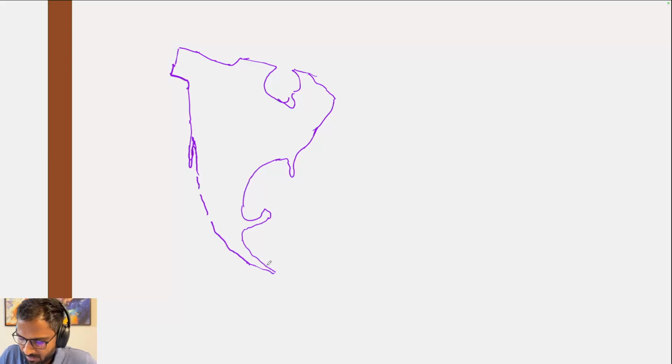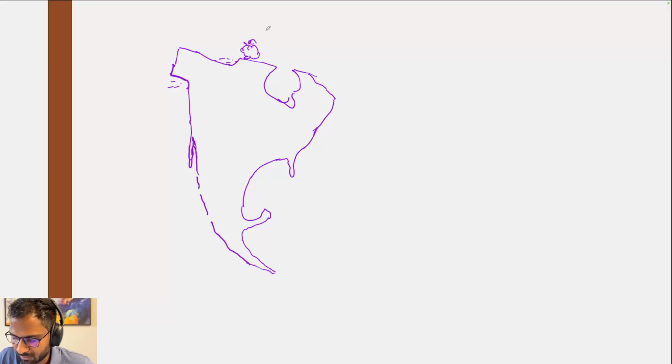So from the western region we saw that this was the Gulf of Alaska. Then we saw the Beaufort Sea over here. Over here we saw a number of islands. This island was Victoria Island.